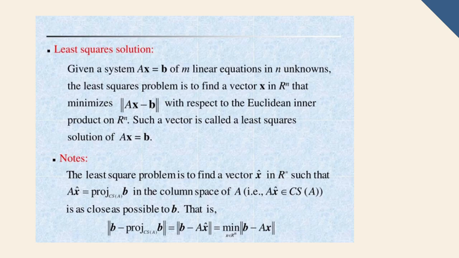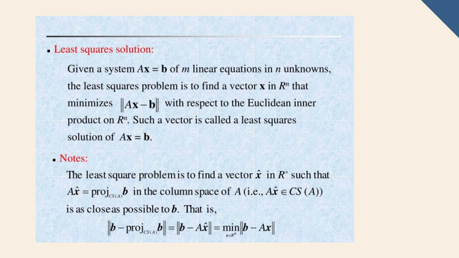Given a system Ax equals b with m equations and n unknowns, the least squares problem asks us to find a vector x in Rn that makes the distance between Ax and b as small as possible. This special vector x is called the least squares solution.